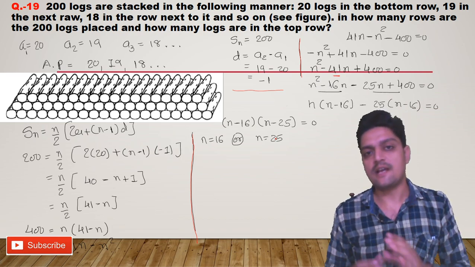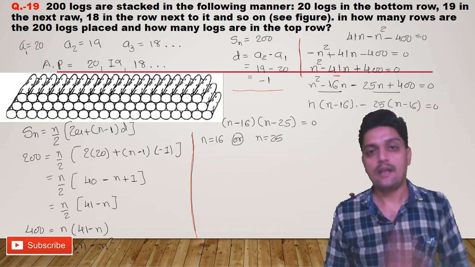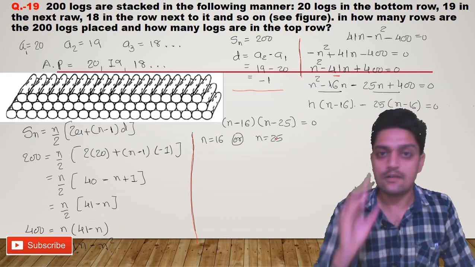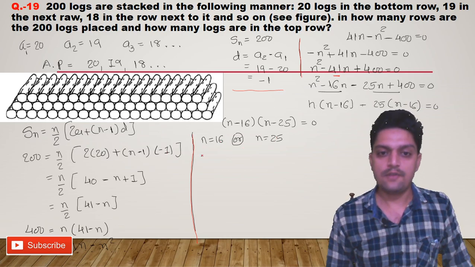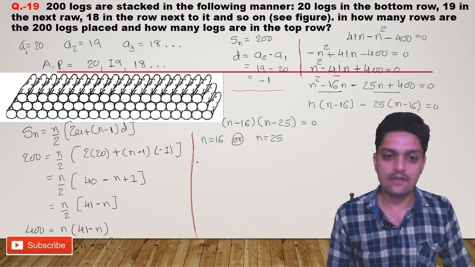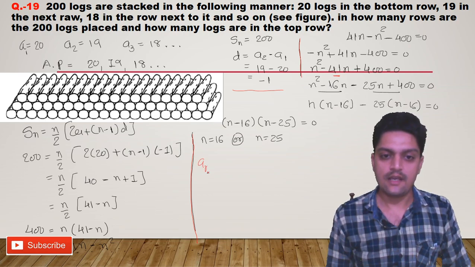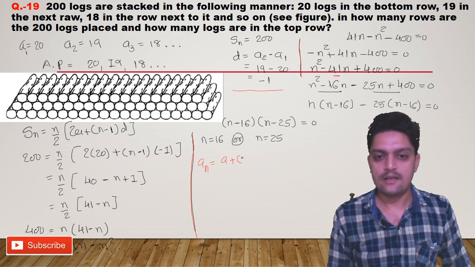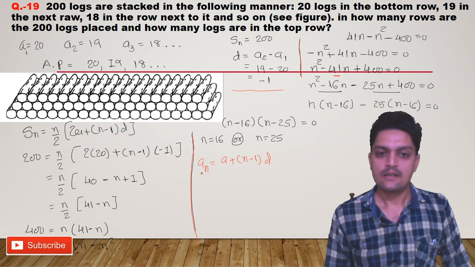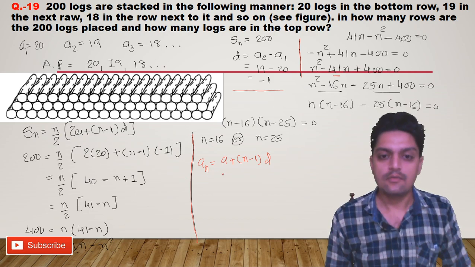So we will check for n is equal to 16 and also for 25. First we check n is equal to 16, so a n is equal to a plus (n minus 1) into d. Let's see what we get.